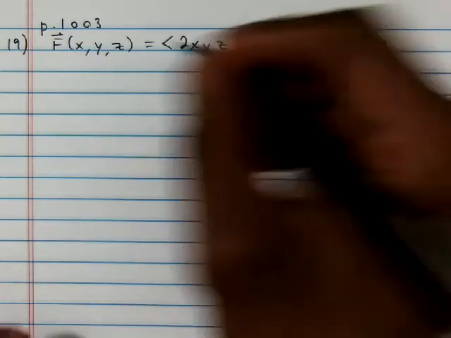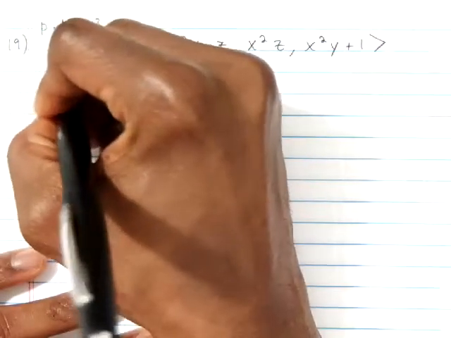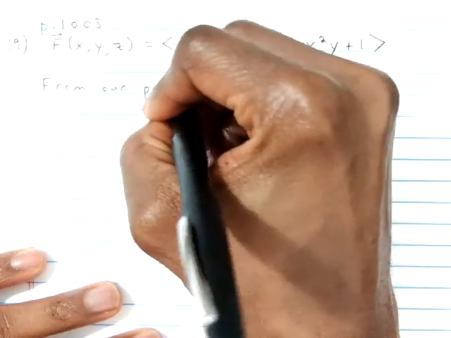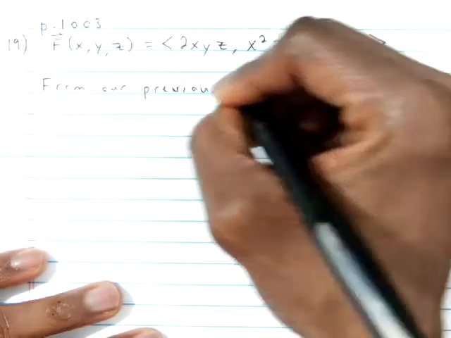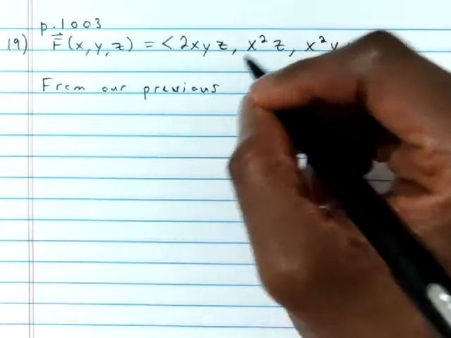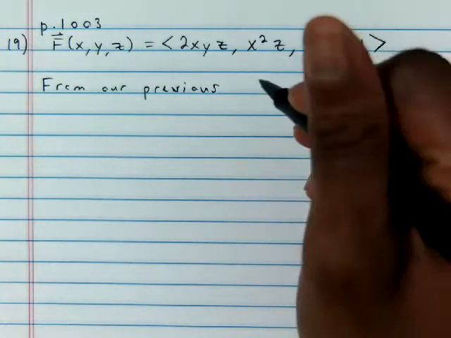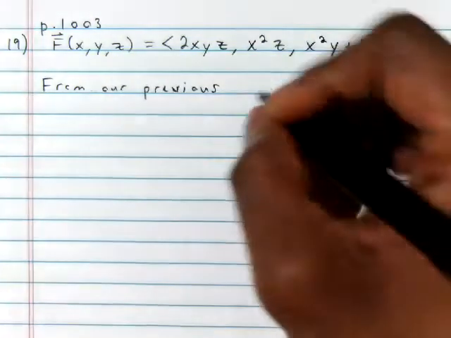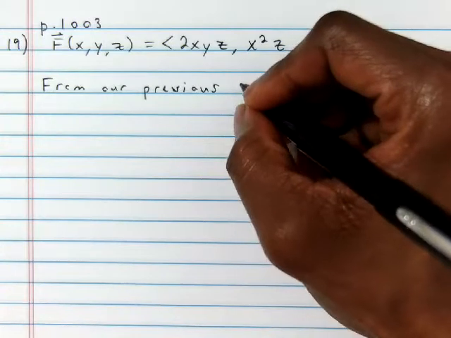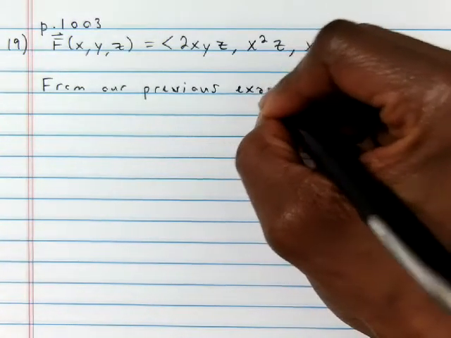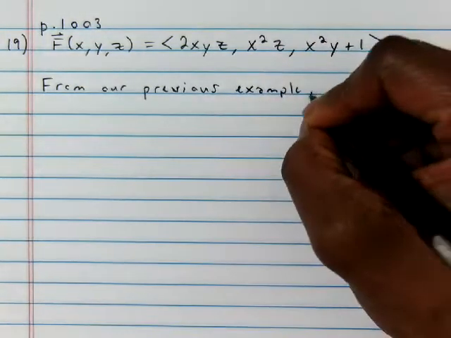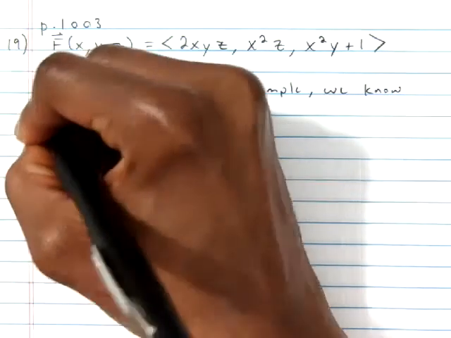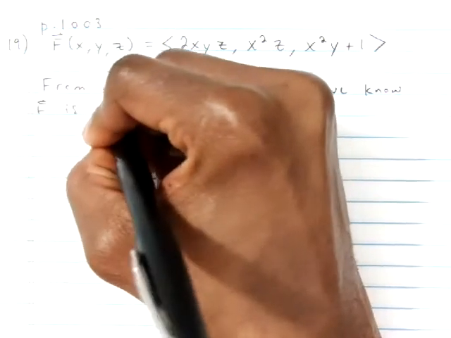So from our previous example, the statement right before we did this said that if all those things hold, then we know F is conservative.